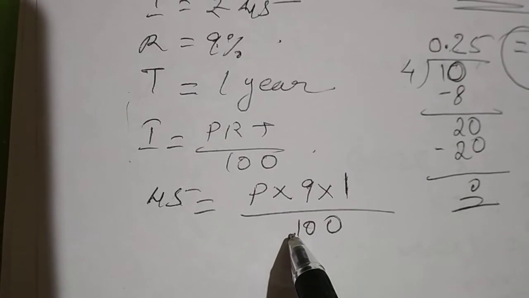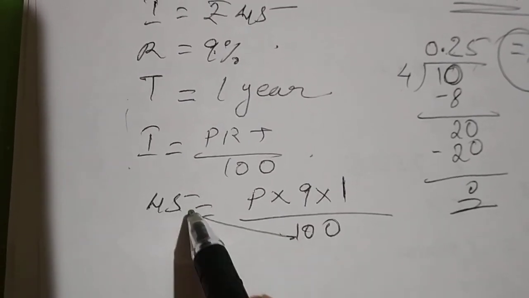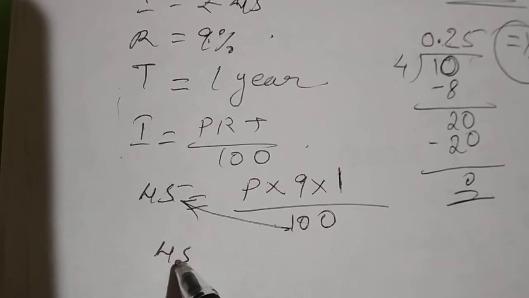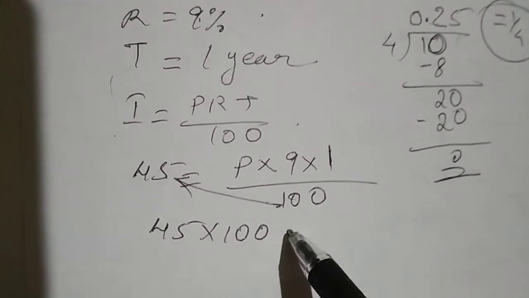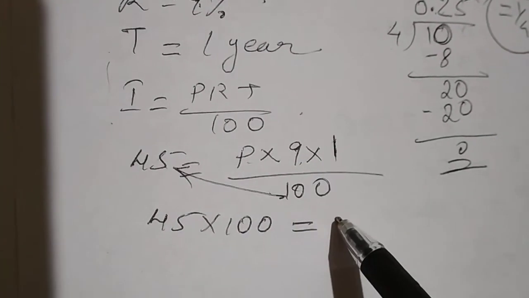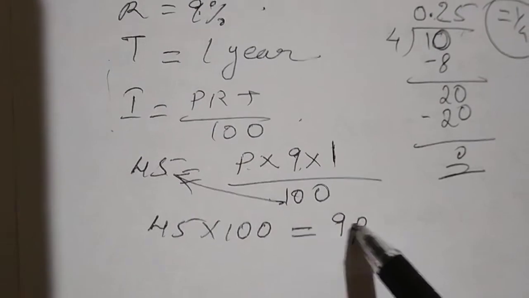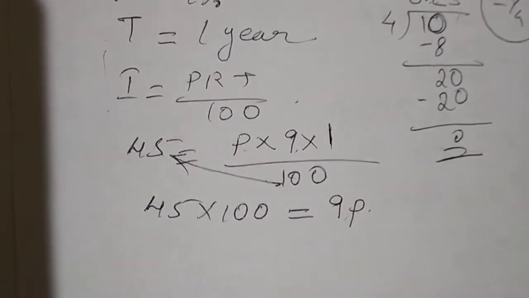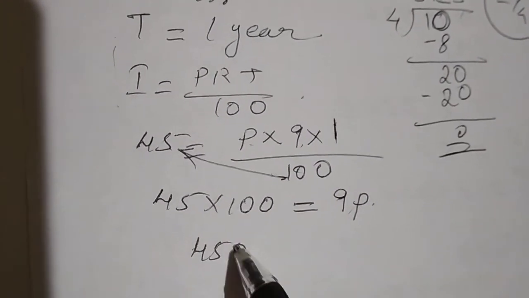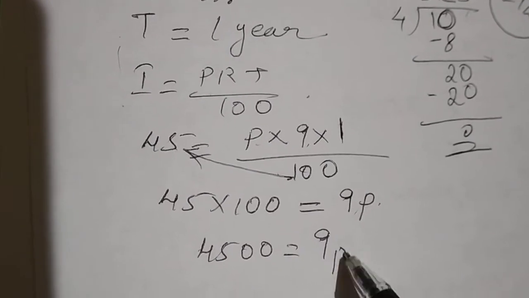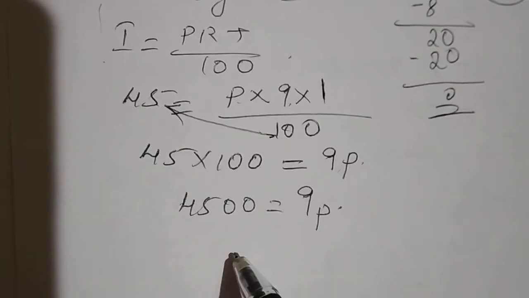We can take the division by 100 to this side. So 45 times 100 is equal to 9P times 1. So 4,500 is equal to 9P.